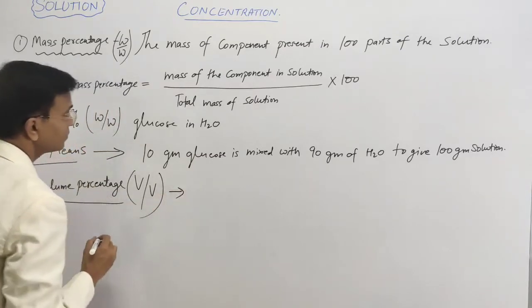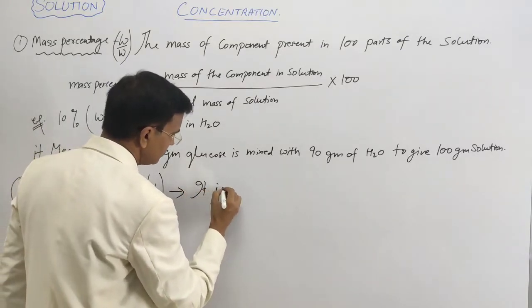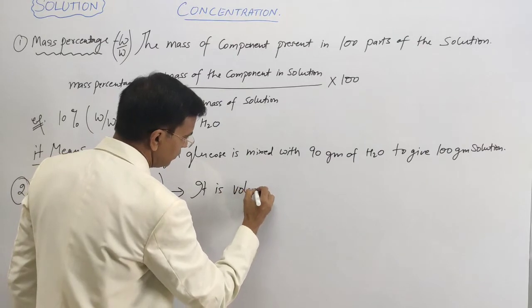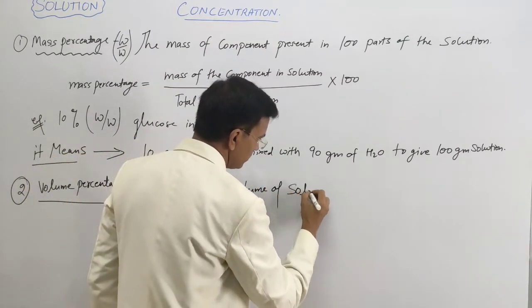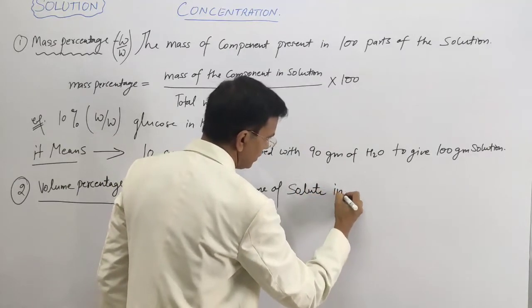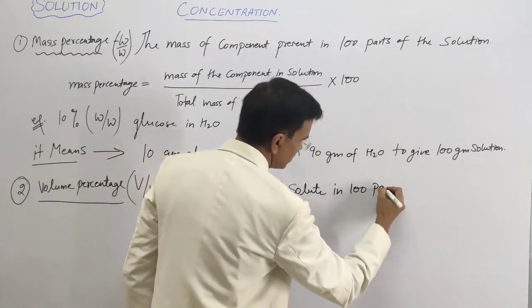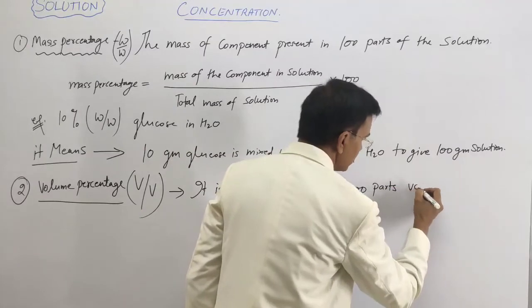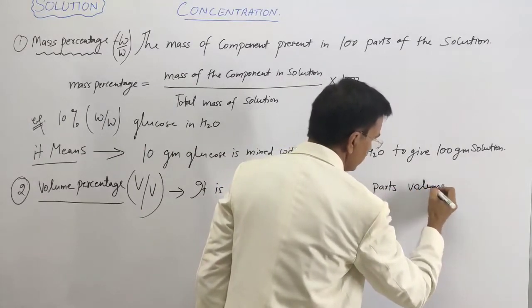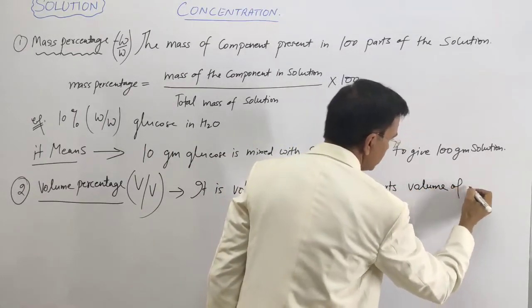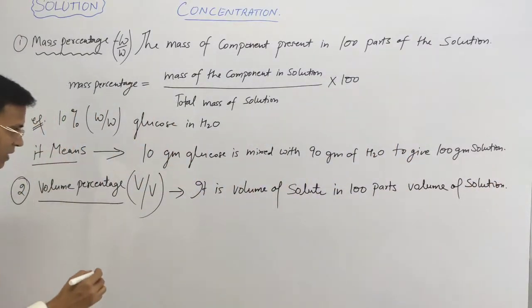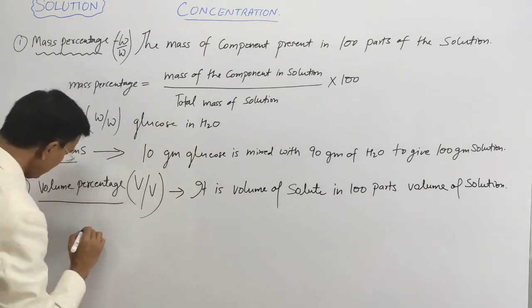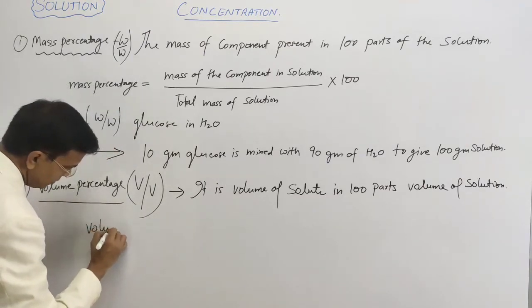So it is the volume of solute in 100 parts of solution. Right?